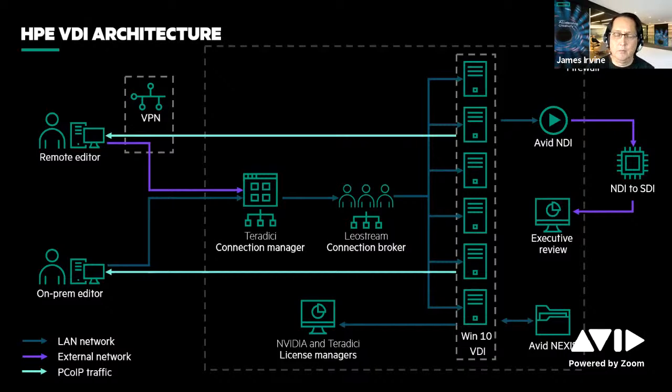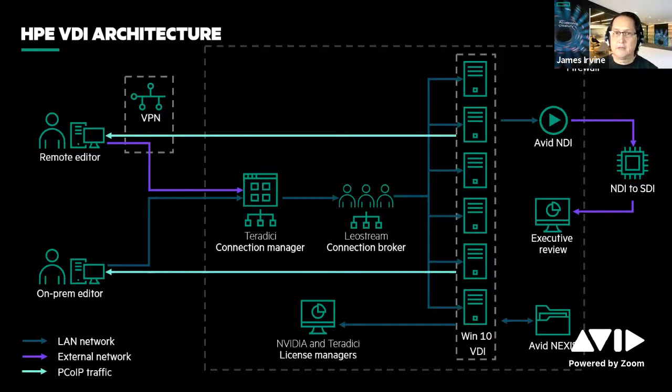When we made the selection around hyperconverged, we made storage choices only for the purpose of high availability, as well as just enough storage to host the images required for each VM. In doing that, we were able to keep the cost down for the starting point of any HCI environment we would build, but we would also use the network and connect through to Avid Nexus and be able to test and fully verify that the performance was still working as if it were on a bare metal machine. Now we're doing it in a VM.